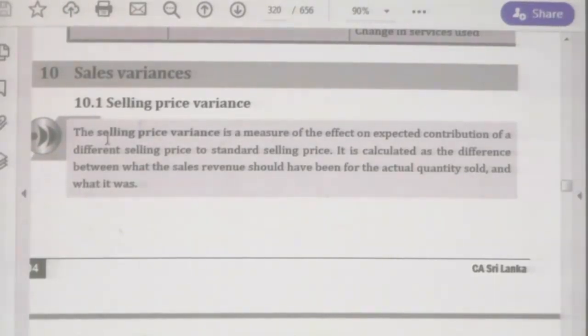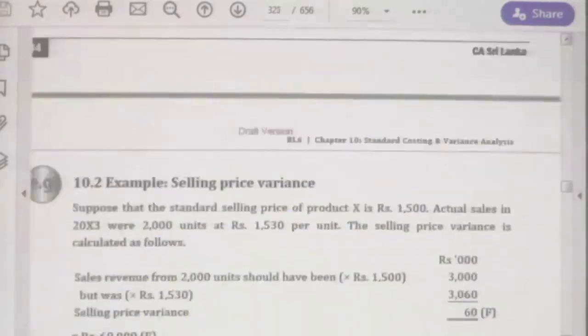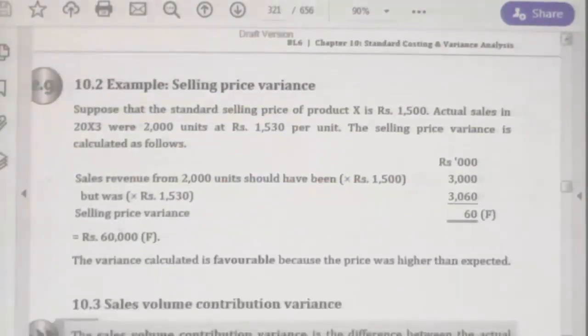Here they have mentioned sales price variance is a measure of the effect of expected contribution of a different selling price to the standard selling price. Now, let's see what are the variances we have to calculate. Here this example is for the total variances, that is selling price variance and sales volume contribution variance.